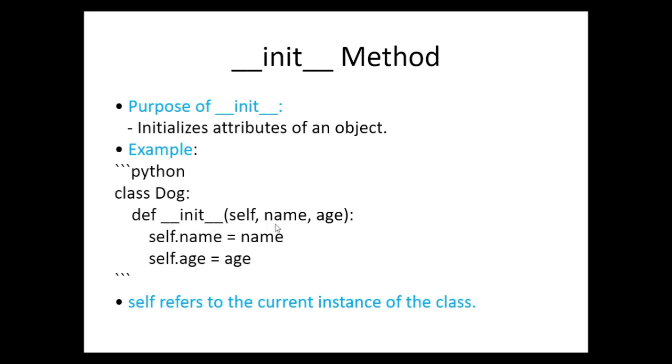The first is a compulsory self parameter, whereas the other two are name and age. In every init method, self is always the first parameter. Now we have initialized the data like self.name equal to name and self.age equal to age. Here, self refers to the current instance of the class.